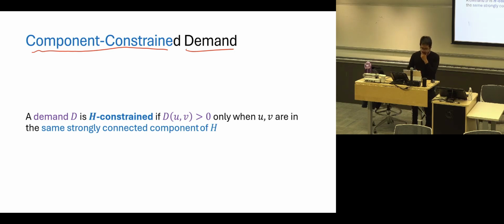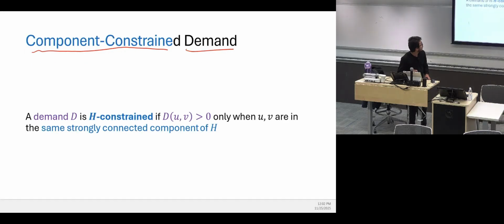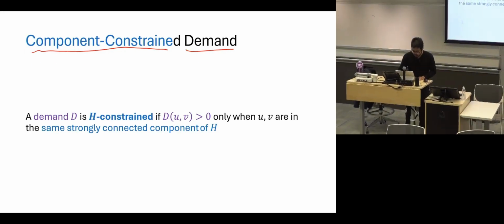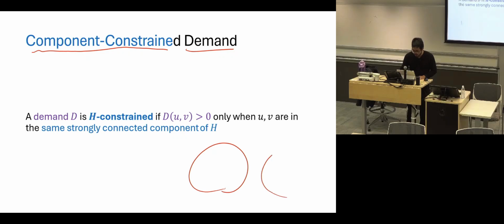So basically, suppose that I have a graph H. H can look like, let's say even an undirected graph. Let's say H looks like this.